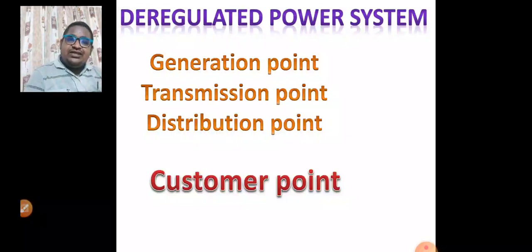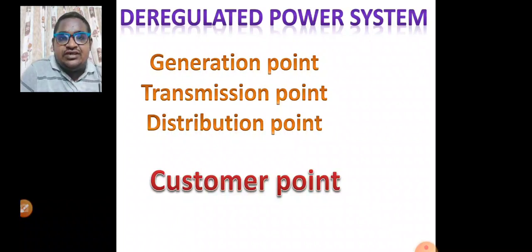Next, what is the deregulated power system at the transmission point? At the transmission point, the power can be transmitted either from generation to distribution, or from the consumer point to the other generation, or from the consumer point to the distribution. Whatever can be possible.